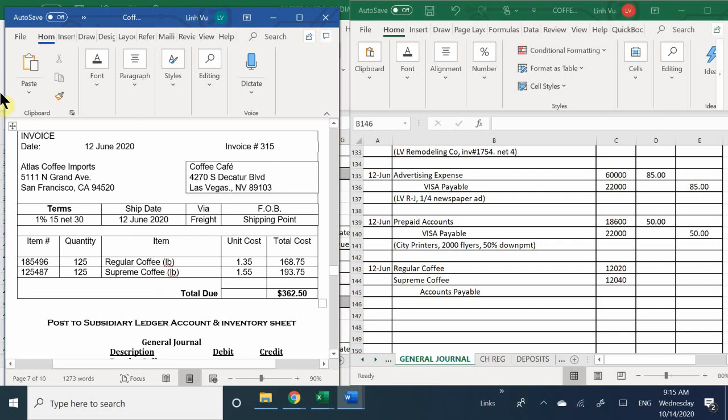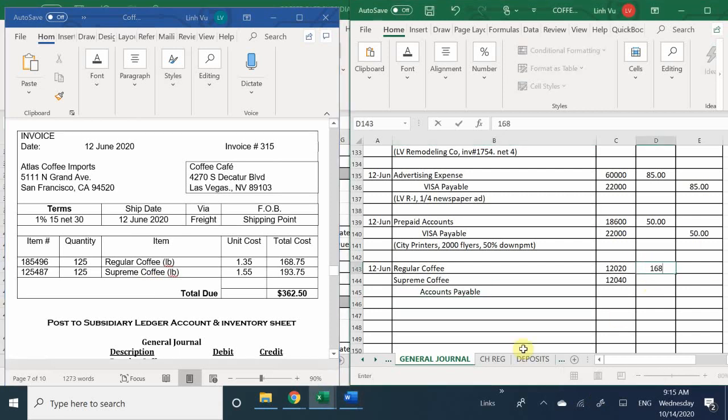So what is my amount going to be? 168.75 for the regular and 193.75 for the supreme, to give us a grand total of 362.50. Yes, 362.50 is going to be our grand total of coffee here.